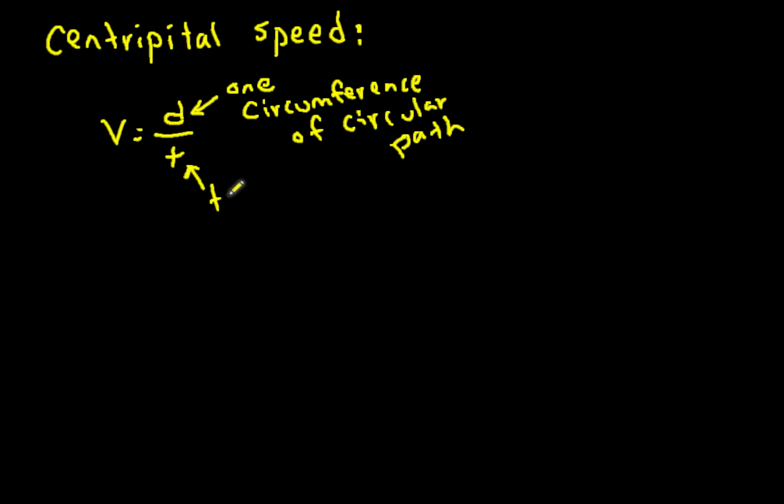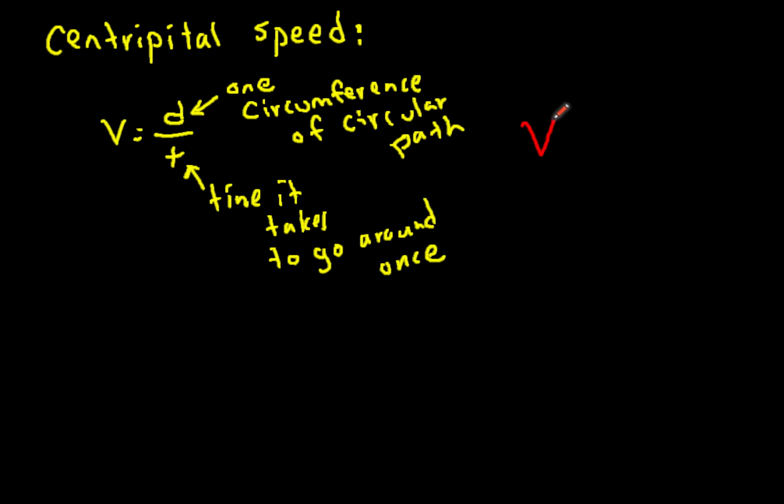And t is the time it takes to travel around the circle, which is just the period of the circular motion. This means we can calculate v by using the formula for circumference, 2 pi r, divided by capital T, which is period.